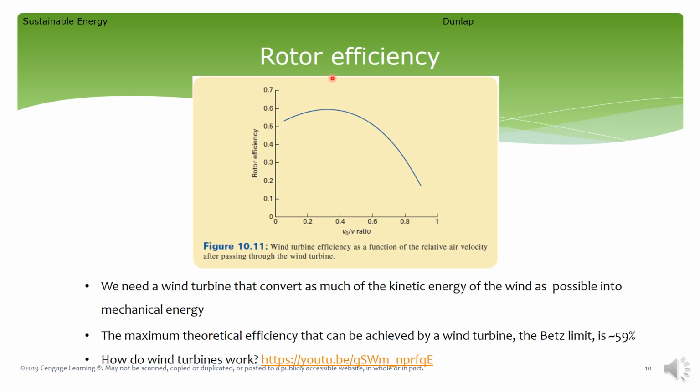Rotor efficiency. This figure shows wind turbine efficiency as a function of relative air velocity after passing through the wind turbine. So this is rotor efficiency, and this is relative air velocity.